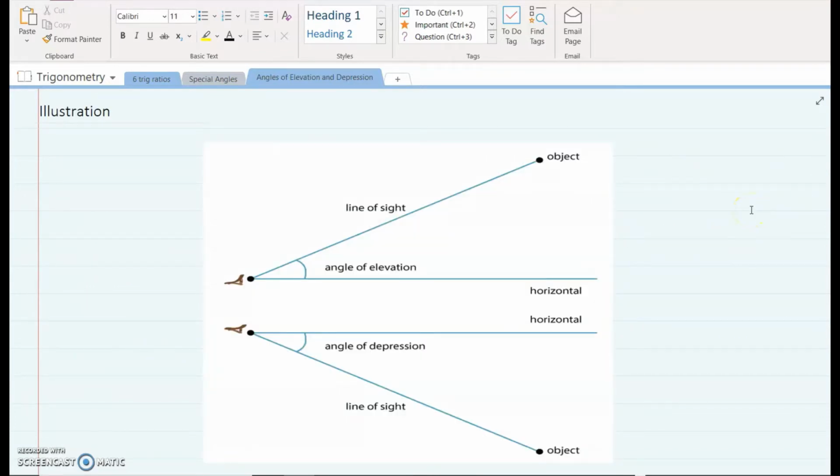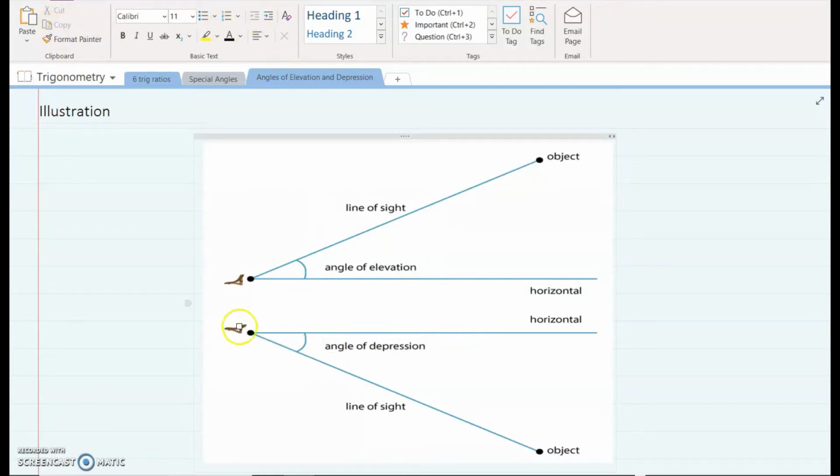So here is the illustration of what the angle of elevation and depression looks like. As you can see, this is your horizontal line, then this is your line of sight, and then the object above, so therefore it is an angle of elevation.